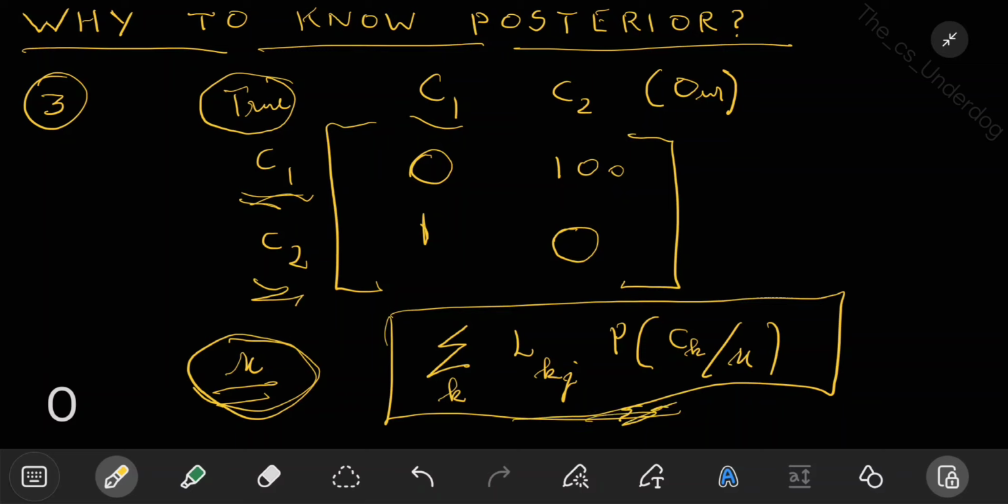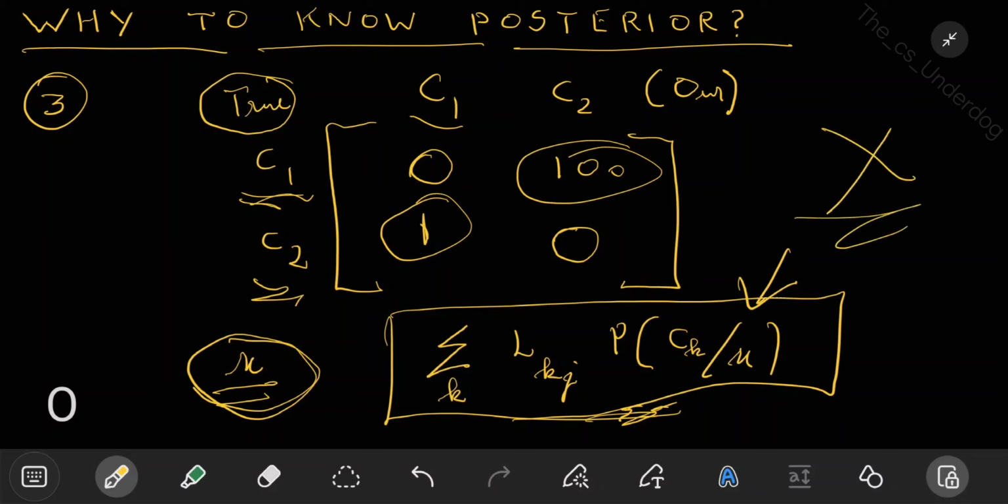So once you see this, in case you have not looked at the posterior, the problem is that whenever you have any change in the loss matrix, you have to start from ground zero and prepare the model again. Whatever you did till date, everything is gone in vain. You have to start from ground zero and prepare a fresh model. That is what you will have to do if you don't know the posterior.